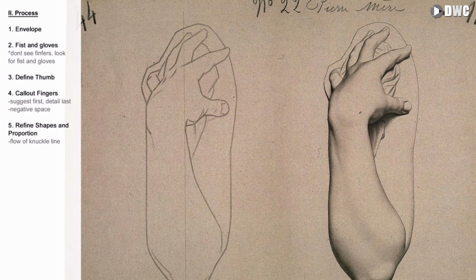So let's look at this example again by Barg. On the left, you have a really nice grouping here of the two middle fingers. And notice that once you have them grouped, you can just simply indicate the boundary in between, right?